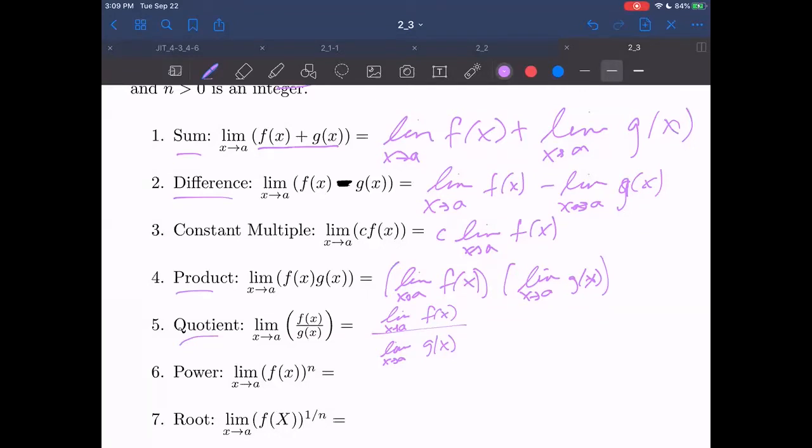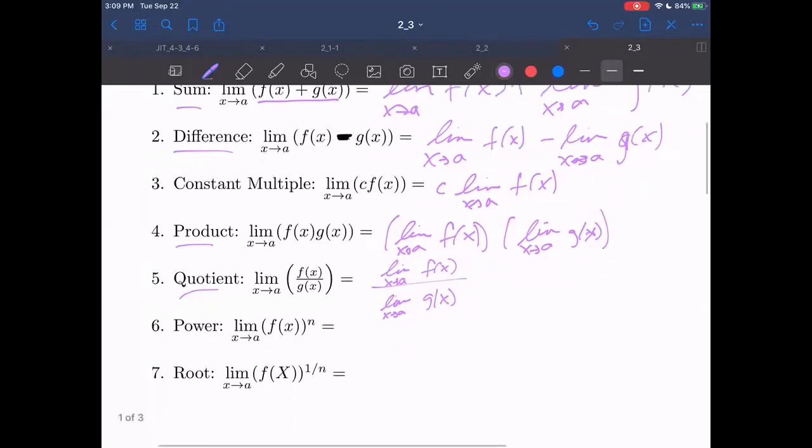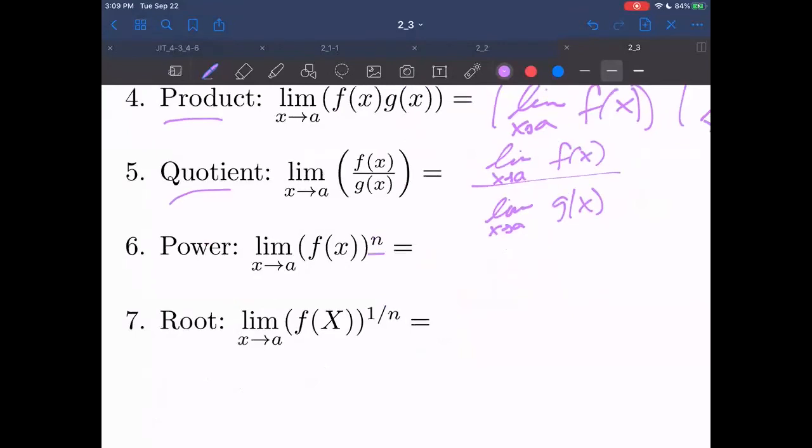And our last two are the same rule, really, just dealing with powers and roots. And so if you've got the limit of some function to a power, we can pull the power out and do that outside of the limit. So for this one, it would be the limit as x approaches a of f of x to whatever that power is.